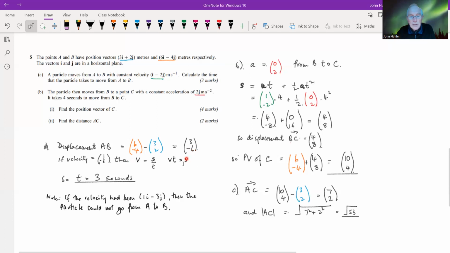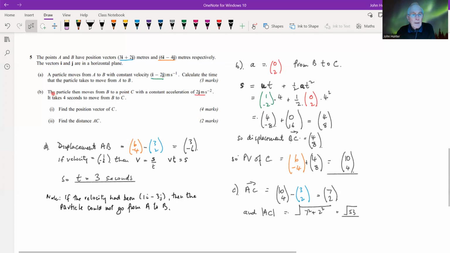But anyway, in this case, the numbers work out, and it is 3 seconds. In some situations, you might find that this is a function of t, so we might have a little bit of equation solving to do. But in this example, it works out pretty straightforward as 3 seconds.